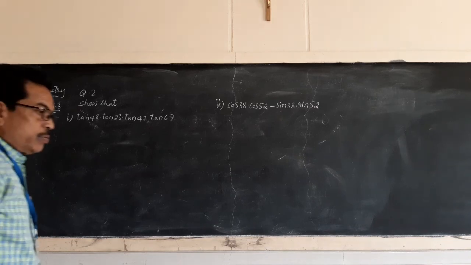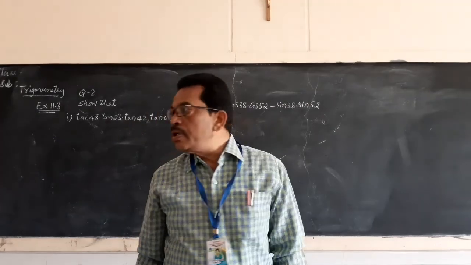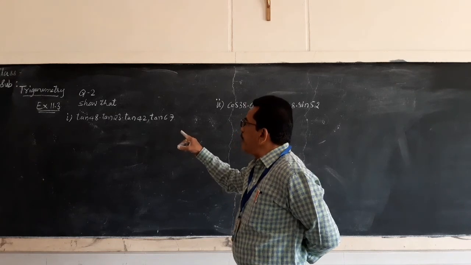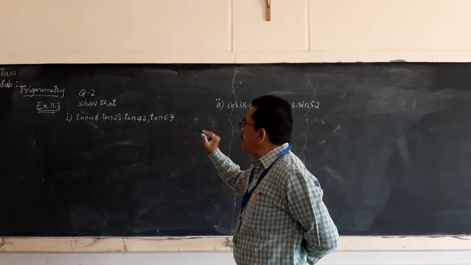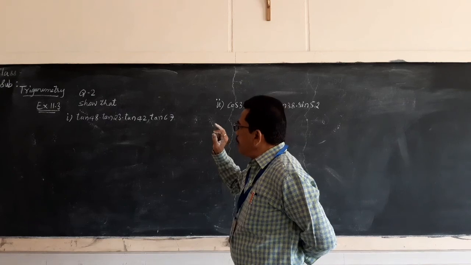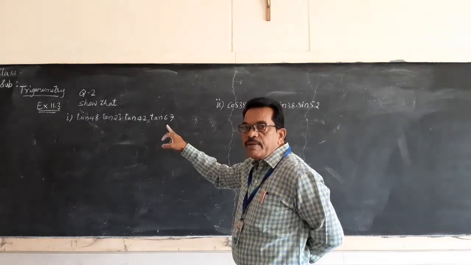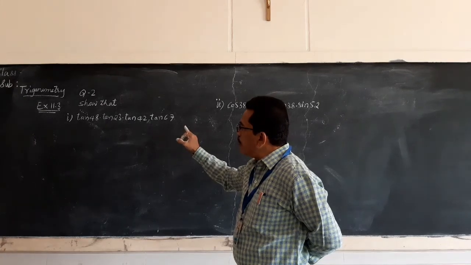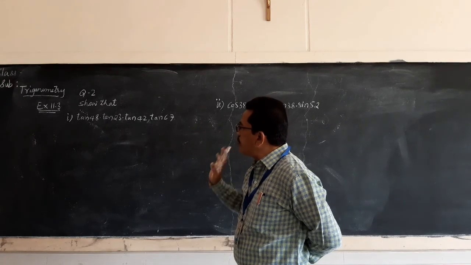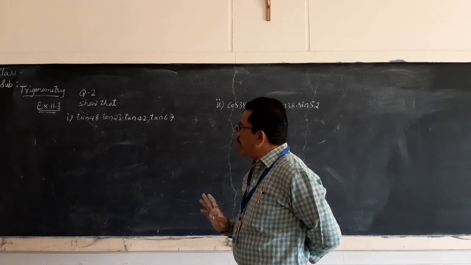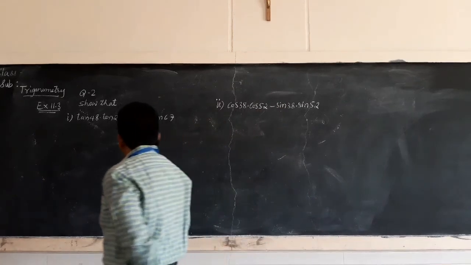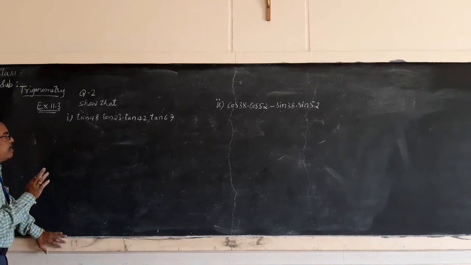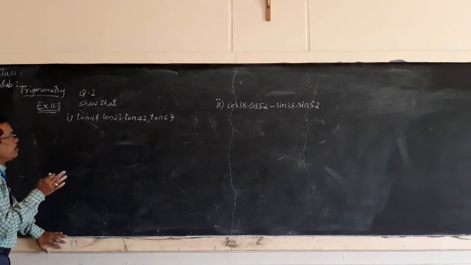Yes, question number 2. See, show that tan 48, tan 23, tan 42, tan 67. This dot indicates the multiplication. Tan 48 into tan 23 into tan 42 into tan 67. Okay. Now, all the angles given are tan of angle 48, tan of angle 23, tan of 42.